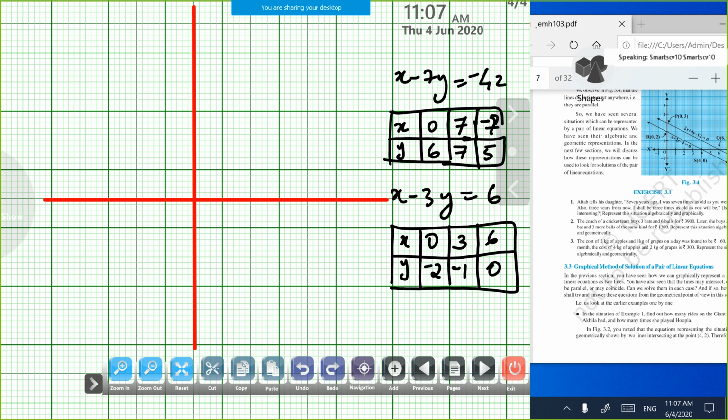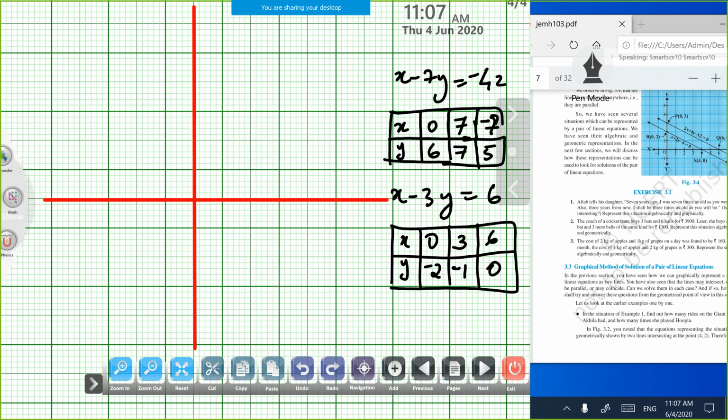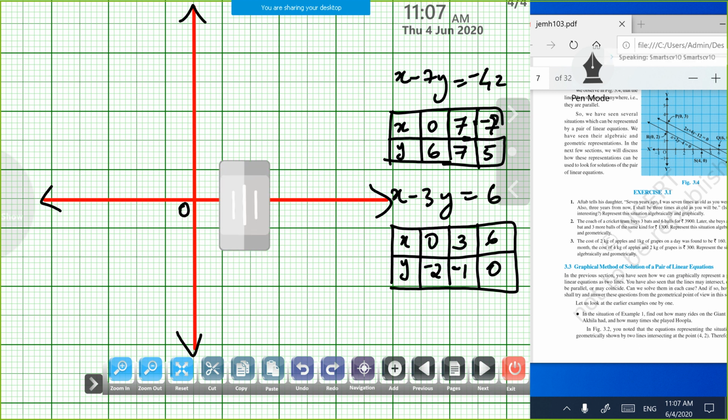The coordinates. Take 0, 2, 4, 6, 8, 10.